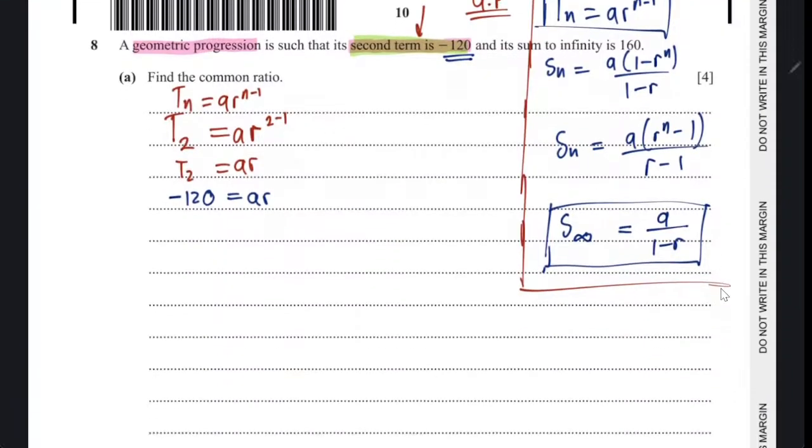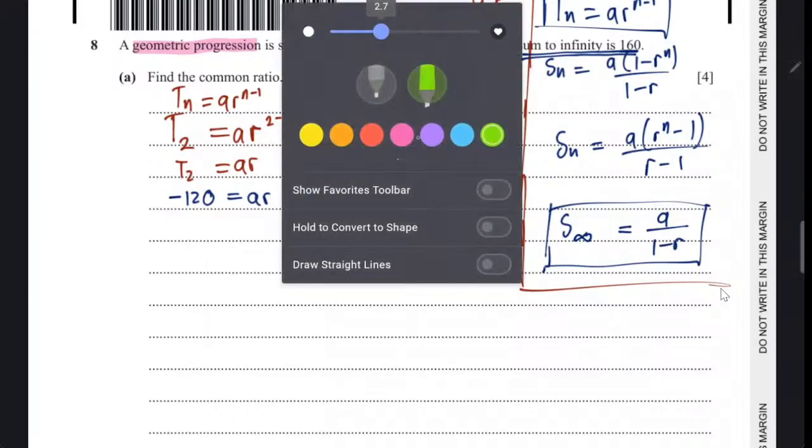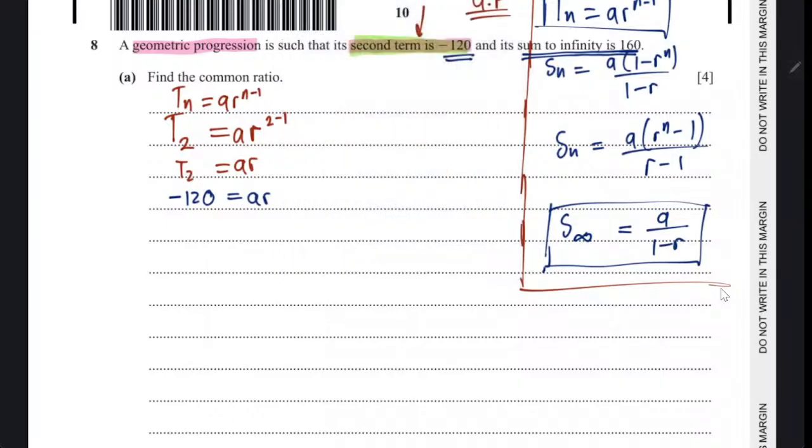Now, they said the sum to infinity is what here? Remember, they've said the sum to infinity is 160. You can't pretend you didn't see that. You know the formula for sum to infinity, so you've got to write it down.